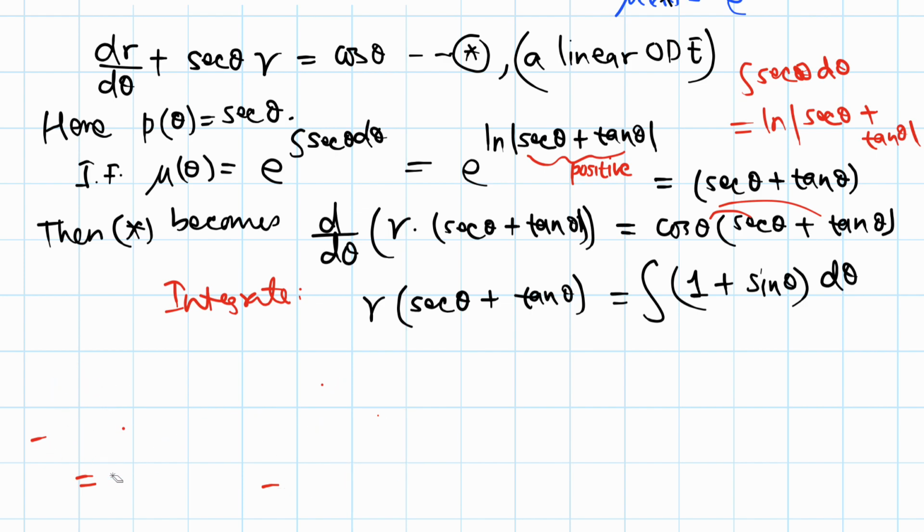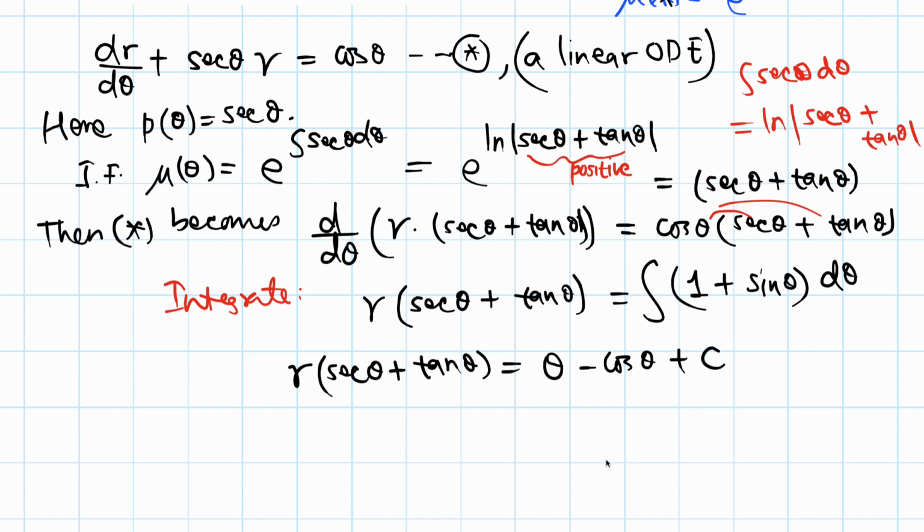The left hand side is clear. Now on the right hand side we integrate, then isolate the dependent variable, which is r. So r times secant theta plus tangent theta equals, the antiderivative of 1 is x, but the variable is theta, so theta plus the antiderivative of sine, which is negative cosine, plus some constant of integration.